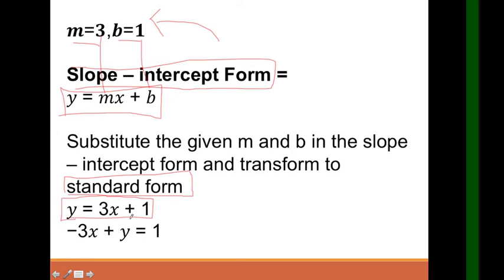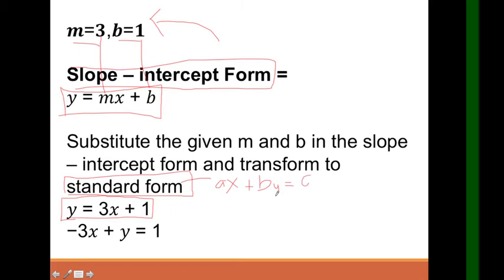Now, to make it a standard form, okay, we will transpose 3x. Remember that the standard form has an equation ax, okay, plus by equals c.